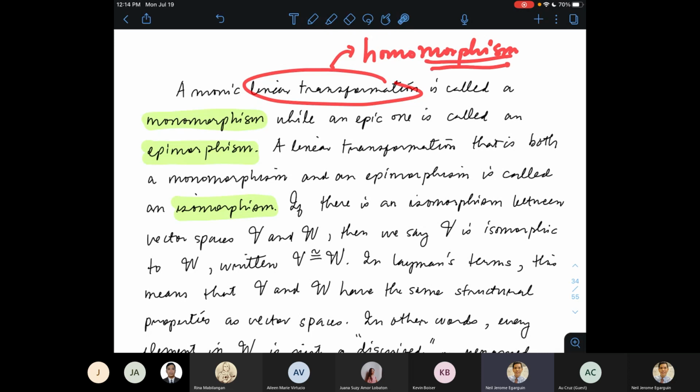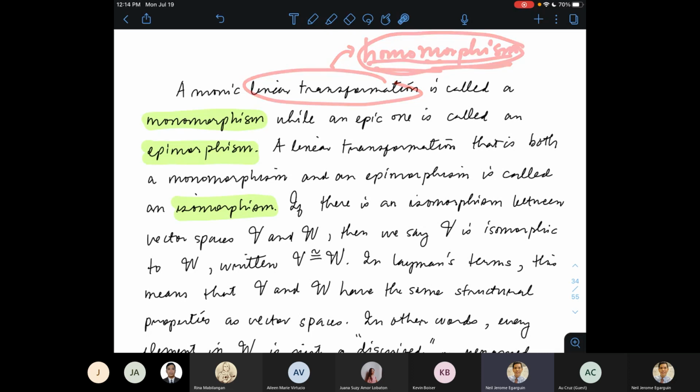It's a morphism or a function because it morphs an element of the domain into an element of the codomain. It's homo because it preserves the linearity property of the vector space insofar as vector addition and scalar multiplication are concerned. So that's why they are called homomorphism. They preserve the structure of the domain into the codomain.